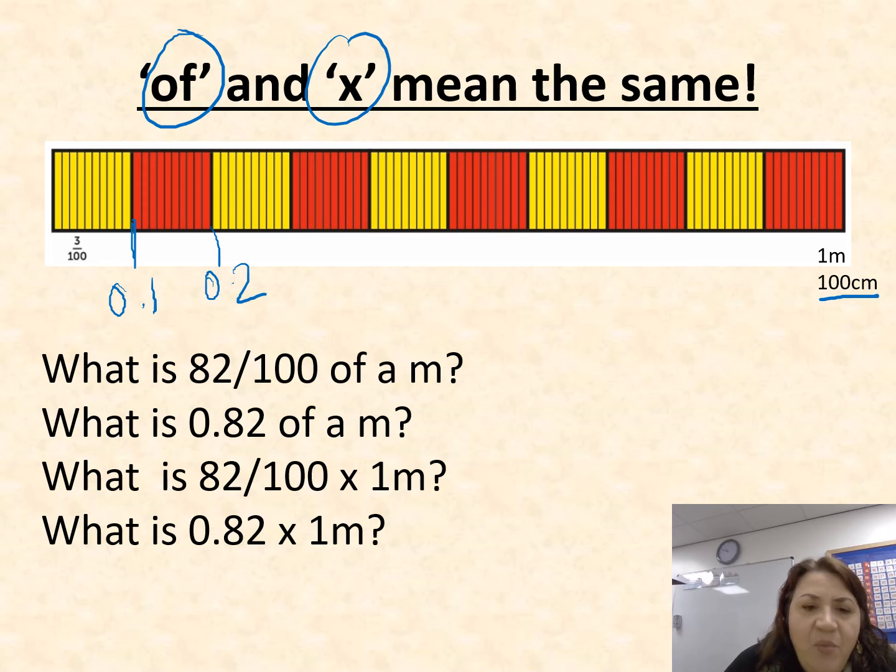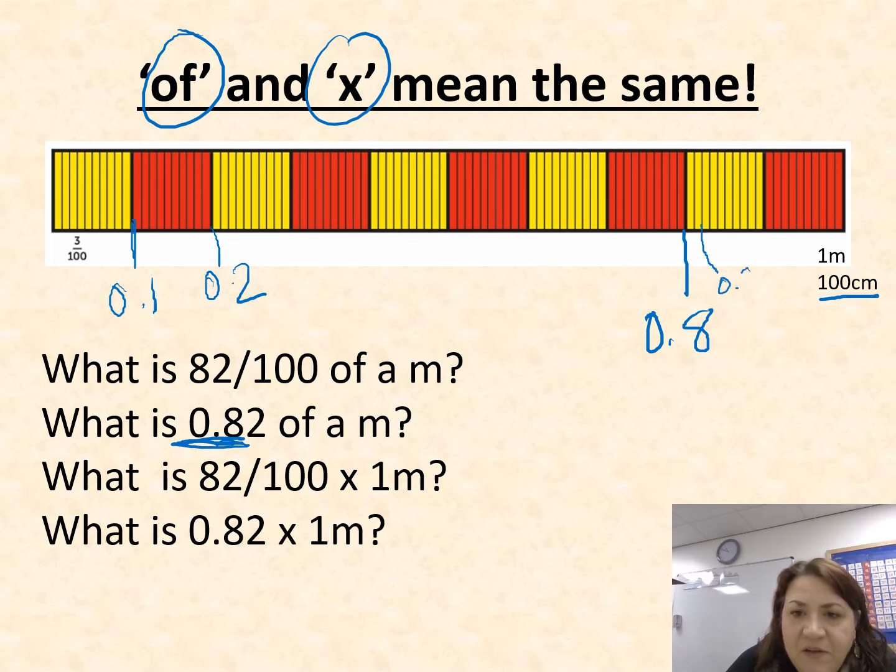Can you tell me where 0.8 would be? Let's start with just 0.8. Put your finger there. It would be here, 0.8. So 0.82, which is what we want, would be here. Just 2 after it. And because each little line is just worth 1, that would be how many centimetres?